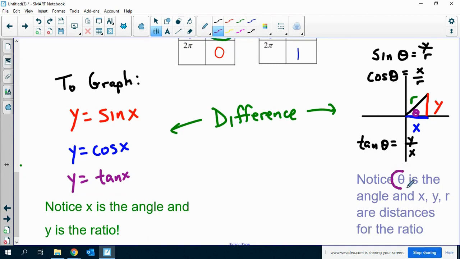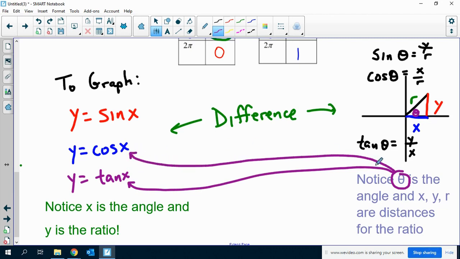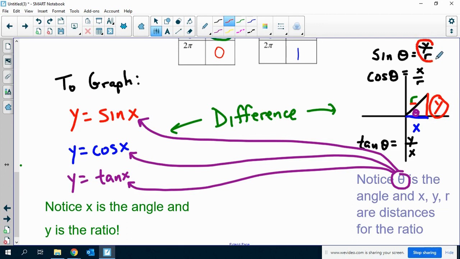And theta, being the angle, means that theta in this picture represents x on these graphs. So whatever theta was in our picture for the unit circle is going to be placed in the spot of x when I'm graphing these functions. And then y over r, whatever that ratio is, is now going to represent the new y value in my sine graph.